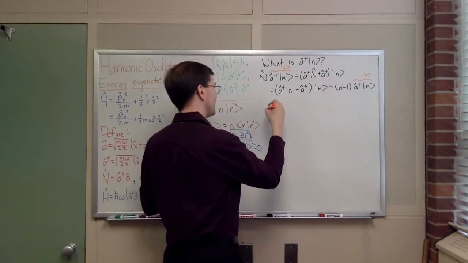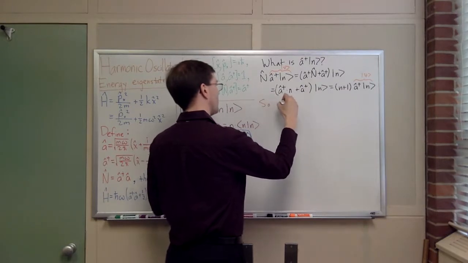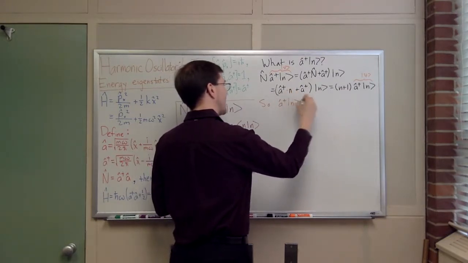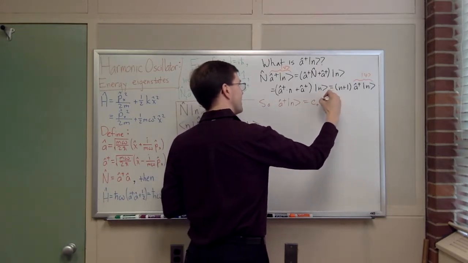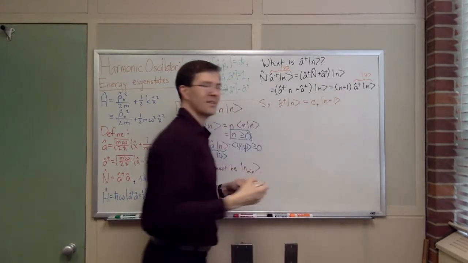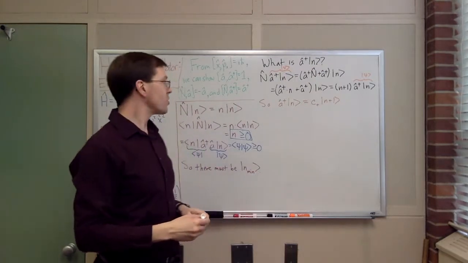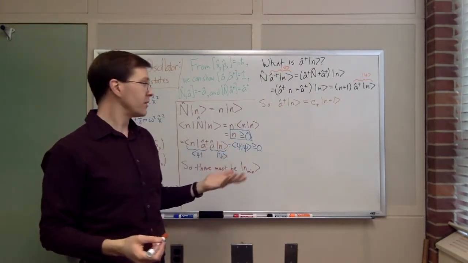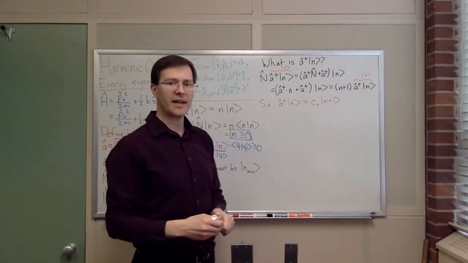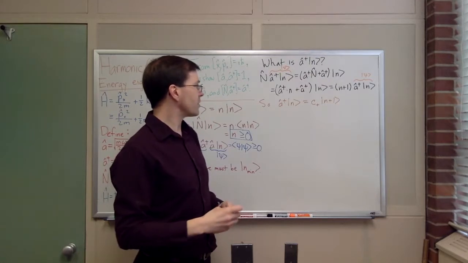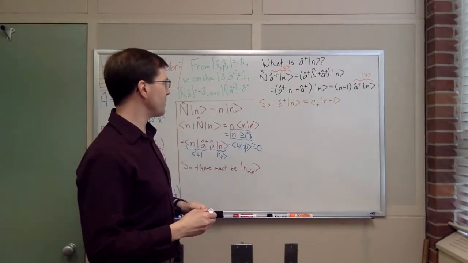Because those are equal, A dagger acting on state n has to equal some constant, I'll call it C plus, times state n plus 1. The A dagger operator has raised our n by 1. So we're going to call A dagger a raising operator, because it raises up our n by 1. I don't know what that C plus is just yet, but you can work it out.